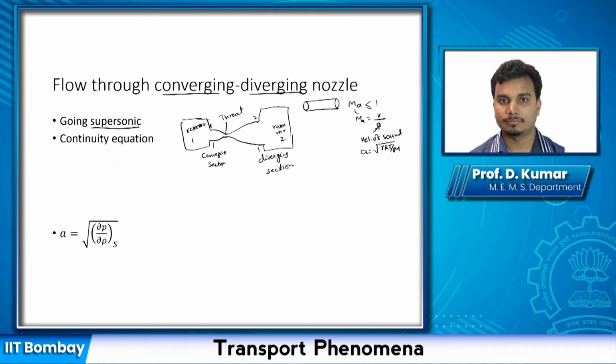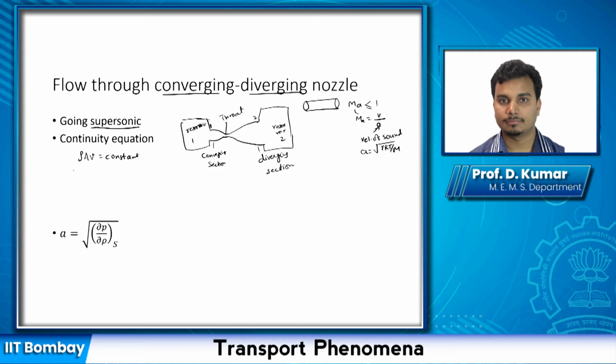In this nozzle, we can write a continuity equation, similar to what we do for all flow. Essentially, the continuity equation comes from your mass balance. At any place, rho A V is constant, but the area is no longer constant, so you have to keep the area.